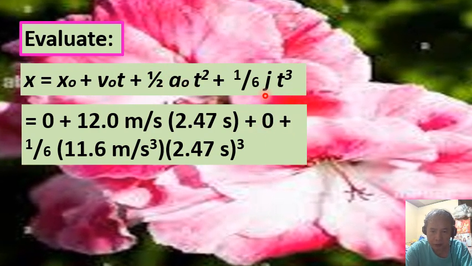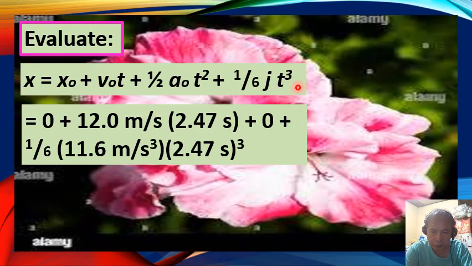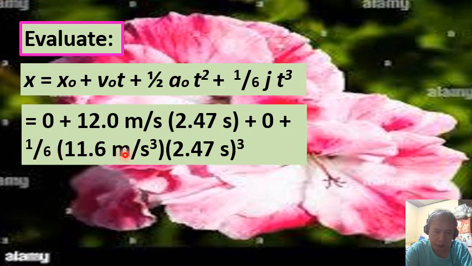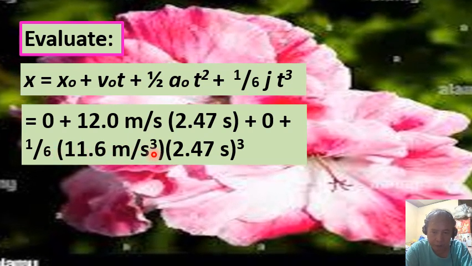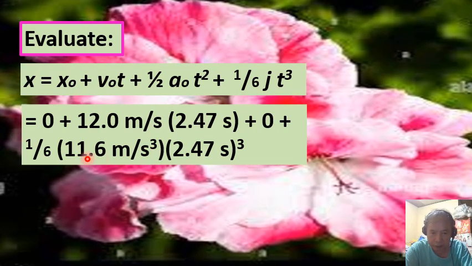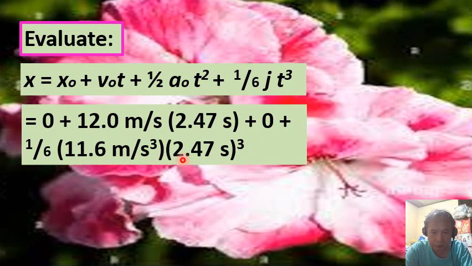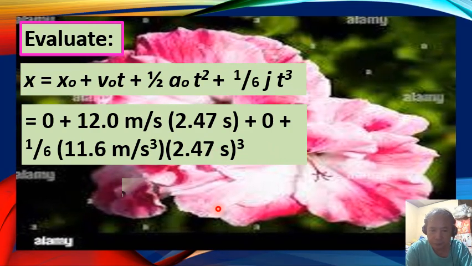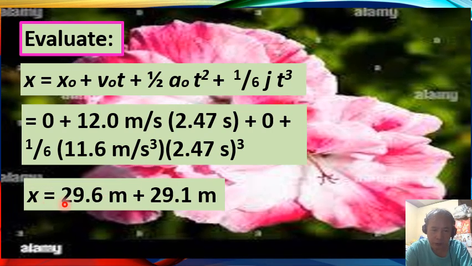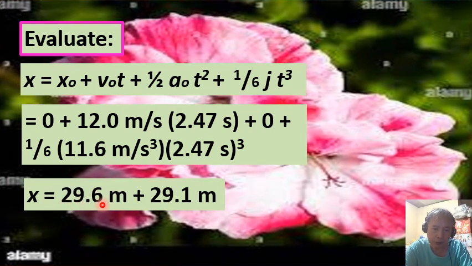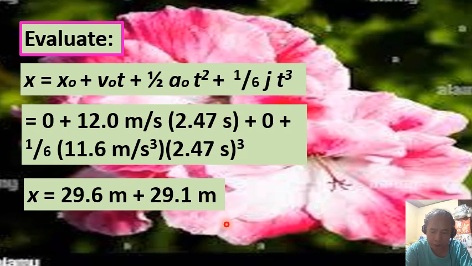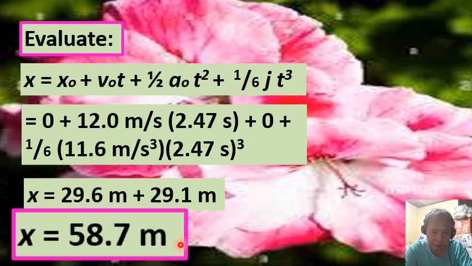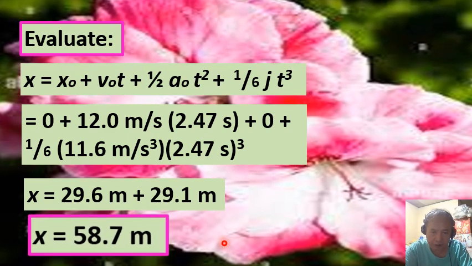Then plus 1/6 j t raised to the third power, or 1/6 times 11.6 meters per second cube, that's the value of j, or the value of the jerk, times the cube of 2.47 seconds. So when you do the math, we get x equals the sum of 29.6 meters and 29.1 meters, which is equal to 58.7 meters, rounded to three significant figures.